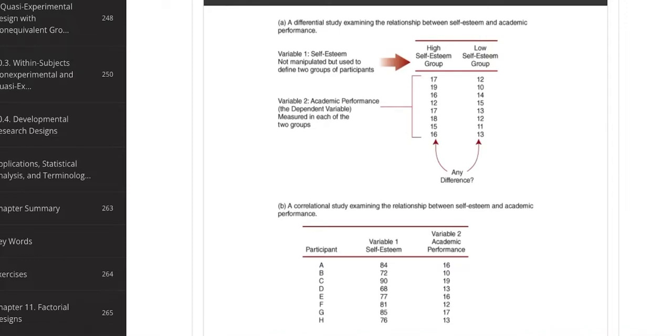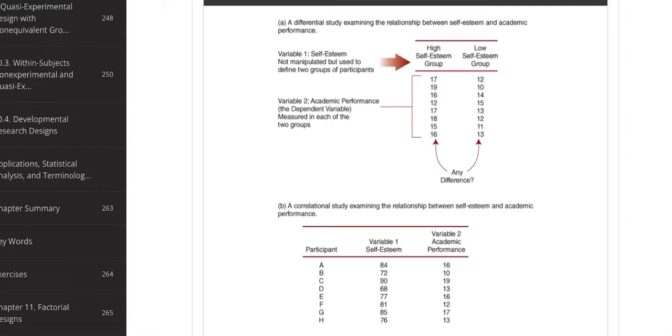Both types of research are giving you information on the relationship between self-esteem and academic performance, and they should find similar results. No matter which type of design you use, you should find, in the example here, that higher self-esteem leads to higher academic performance. You should see that in both studies.